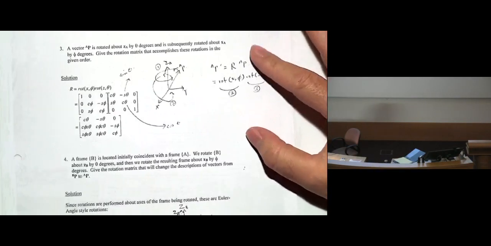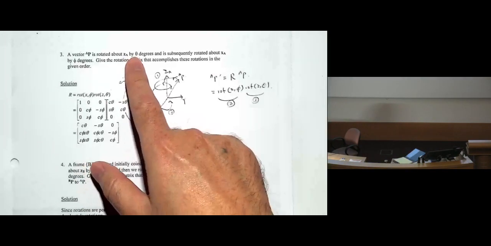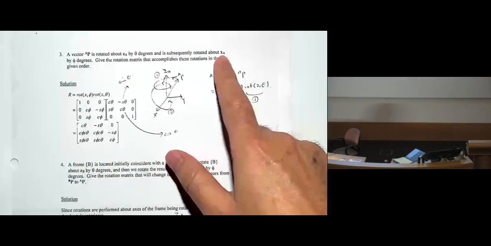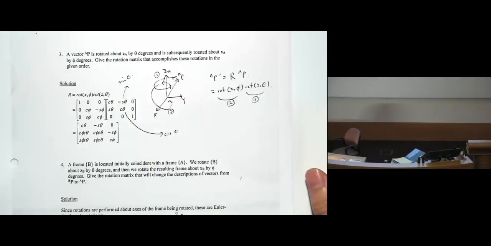And then question 3 is straightforward as well. You have a vector AP, rotate about ZA by theta degrees, and subsequently rotate about XA by phi angle, and then give the rotation matrix that accomplishes the rotation in the given order.